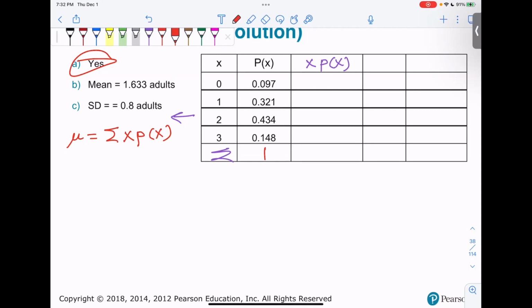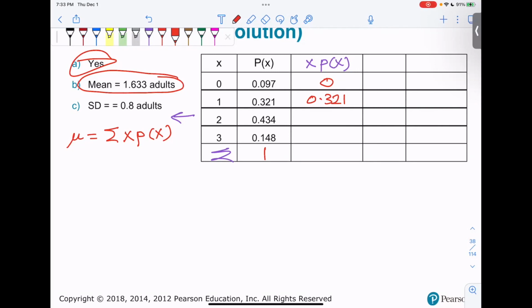The first value will be 0, and then the next value will be 0.321, and then the second value, and then take the summation. If you take the summation, you will get this mu. Mu will be equal to 1.633, and usually we use 3 digits for probability distribution.